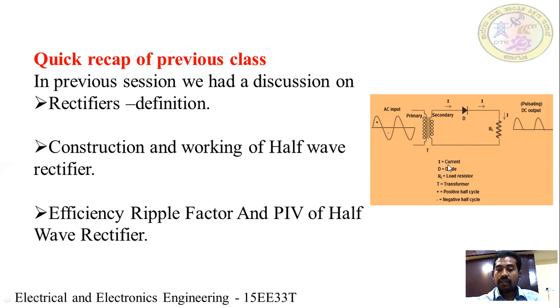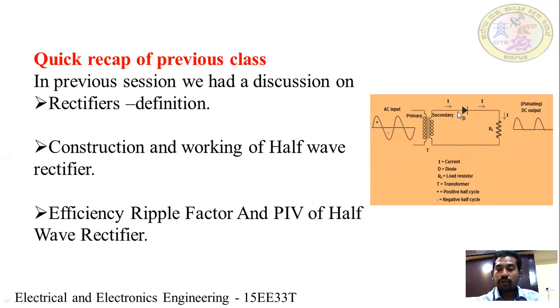Here I is the current, D means diode, RL means load resistor, T means transformer, and the plus sign indicates the positive half cycle, the minus sign indicates the negative half cycle. If you come to the working part, during the positive half cycle, this terminal, terminal A, becomes positive compared to terminal B, and hence the current flows through the diode.